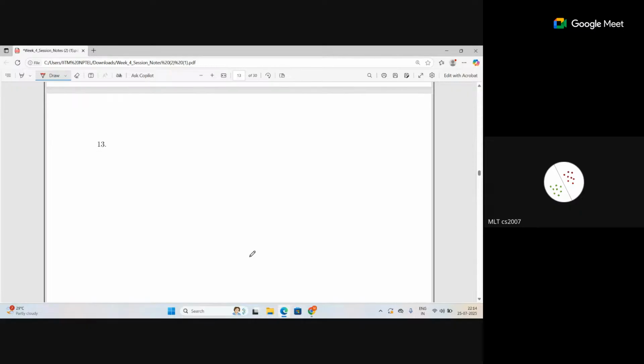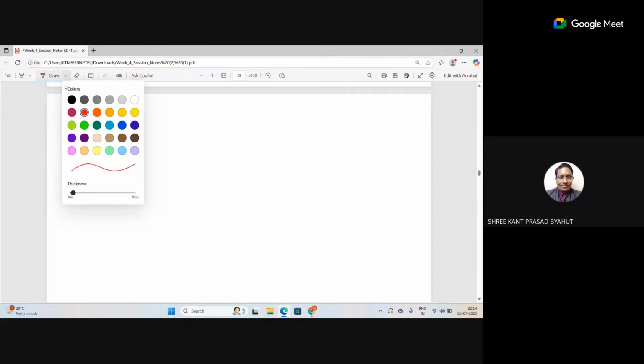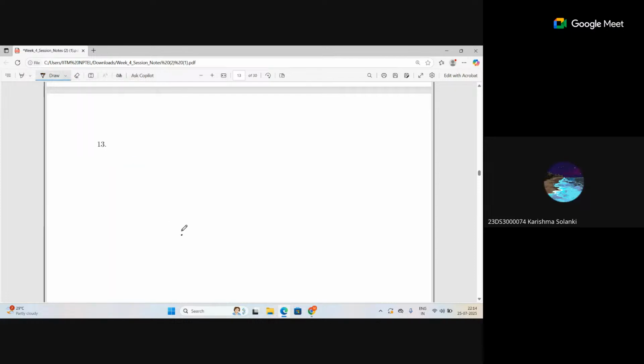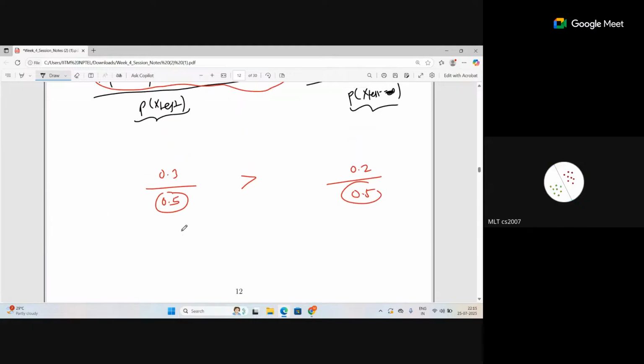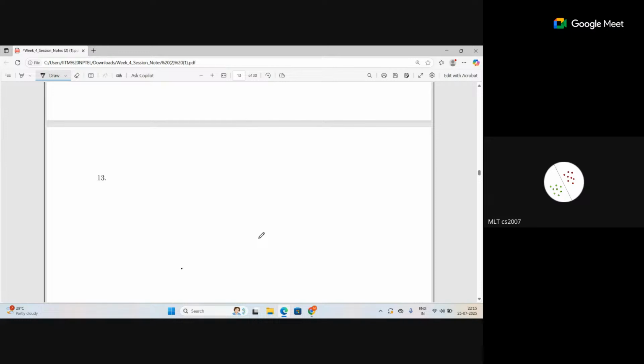If we divide, 0.3 by 0.5 is 0.6, and here it is 0.4. Which is greater again? It's the same. If the denominator is the same, you don't need to worry when you do the comparison. It will not change anyway.